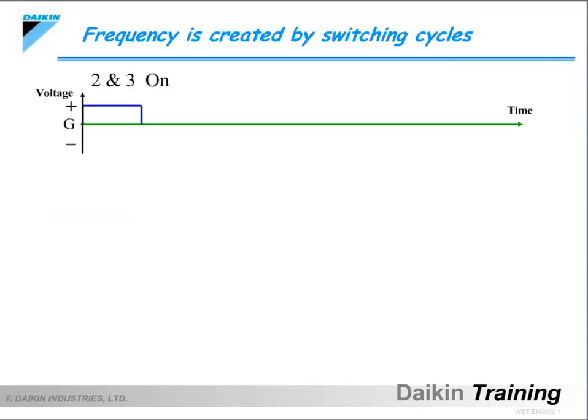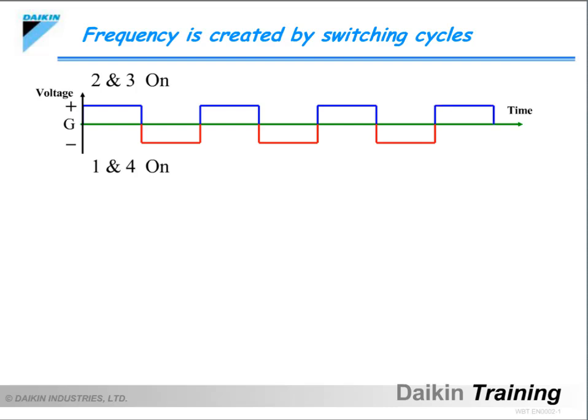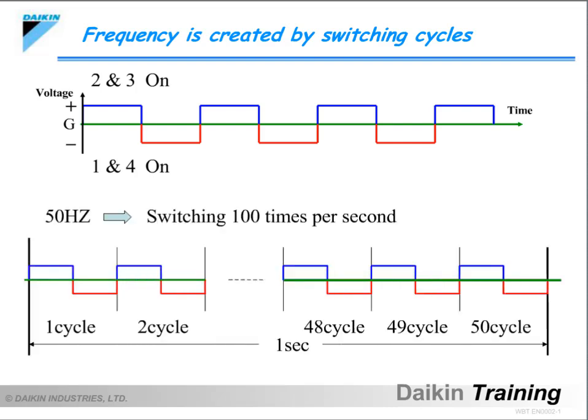The current flows to the top when the number 2 and number 3 switches are turned on, while the current flows to the bottom when the number 1 and number 4 switches are turned on. In other words, this circuit creates quasi-AC current. If this switching occurs 100 times per second, it creates 50 Hz AC power.